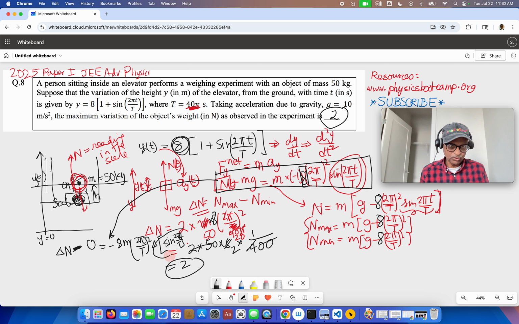So this thing, sine goes from what, the change over a full period will give you either a -2 or +2. Because you want to make everything positive, then we just use it as a 2, and once you work this out, 8m, 8 times 50, and this is 1 over 20, so this kills it, and it just equals 2.